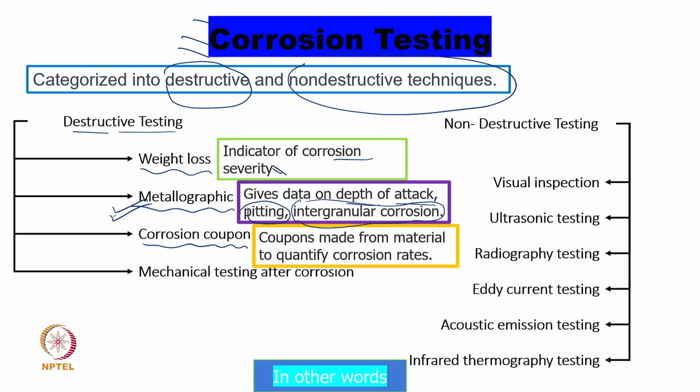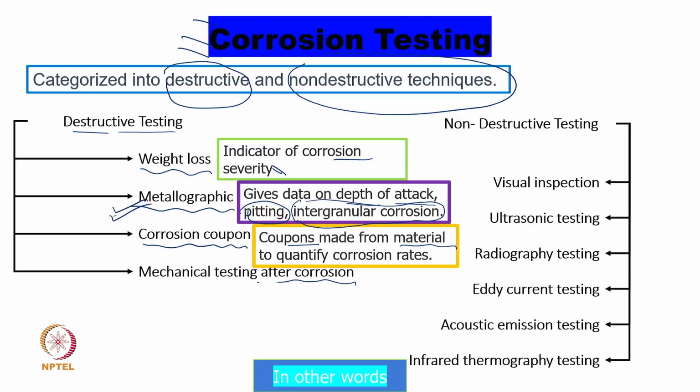That means, if H2SO4, sulfuric acid, is used against some component and I increase the percentage, what will happen to the material? Will there be any minimum limit, any upper limit? We can figure that out using corrosion coupons, because we expose material in similar conditions. That is why the coupons used for this kind of destructive testing need to be made from the same material as the system.